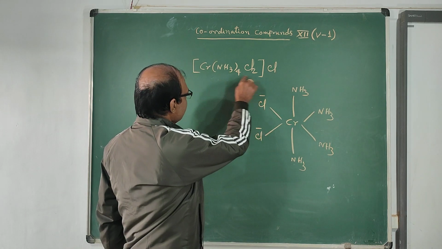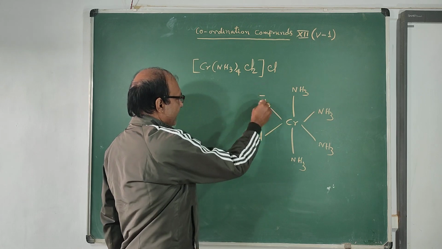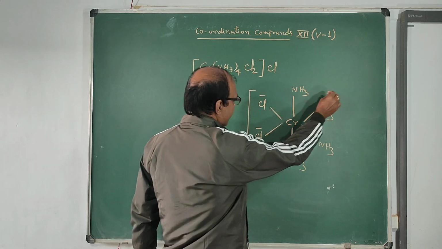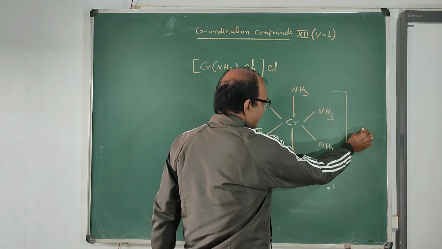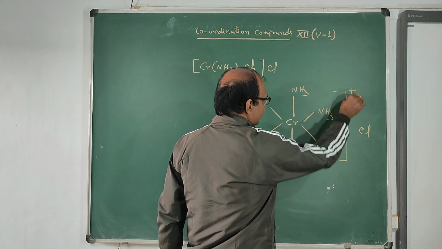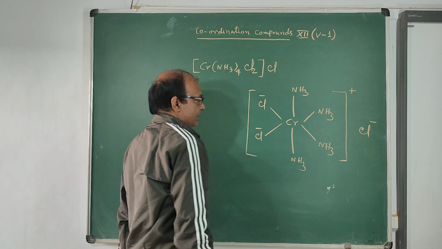This is the shape of this part, and you can write it this way: an octahedral entity. Outside there is chlorine, this is positively charged, this is negatively charged.